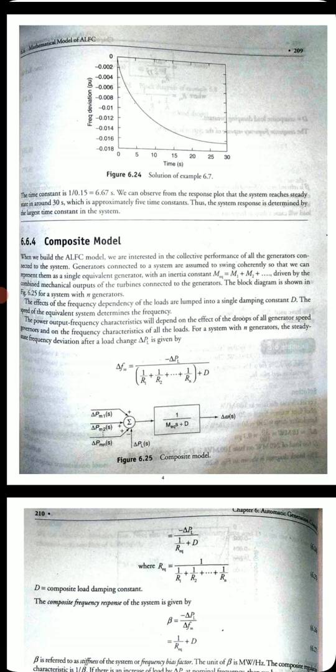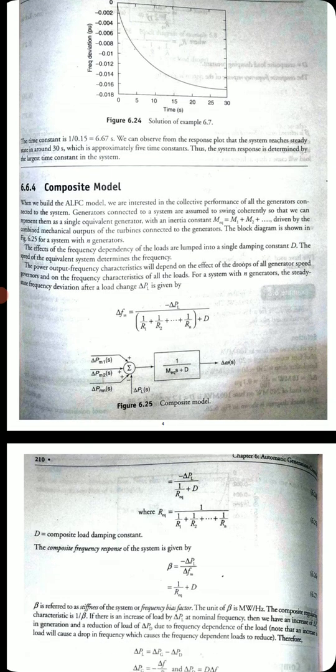For a system with n generators, the steady state frequency deviation after a load change delta PL is given by delta FSS equal to minus delta PL divided by 1 by R1 plus till 1 over Rn plus D. This is the regulation we already know.